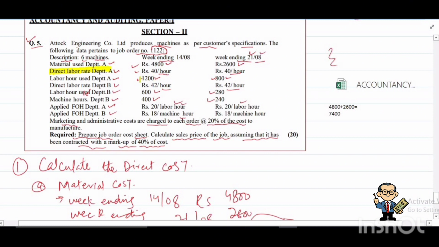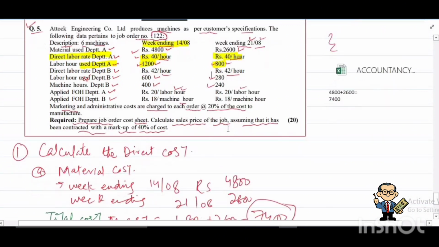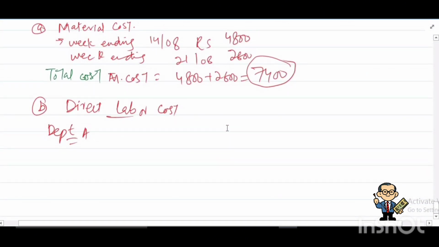This is department A, and the week ending 14/8: the labor hours used by department A is 1200, and the rate is this one. For the other week, this is the rate and this is the consumption. So we have to calculate this figure and this figure.